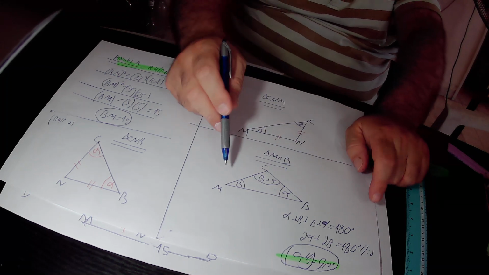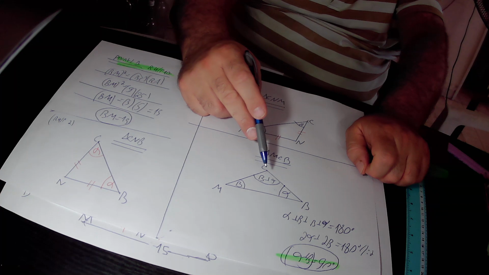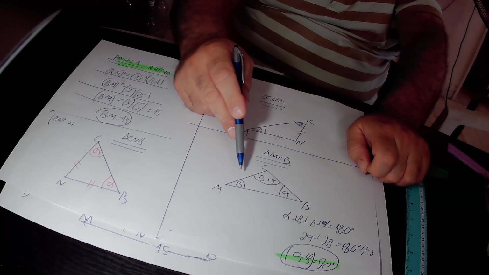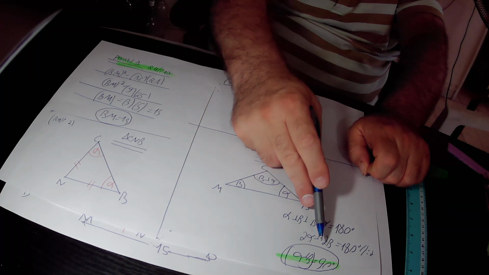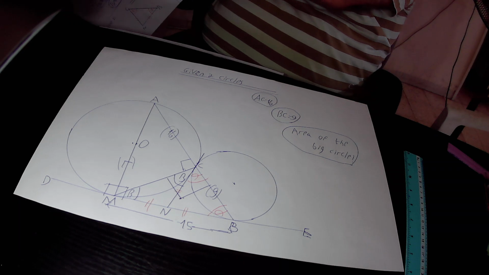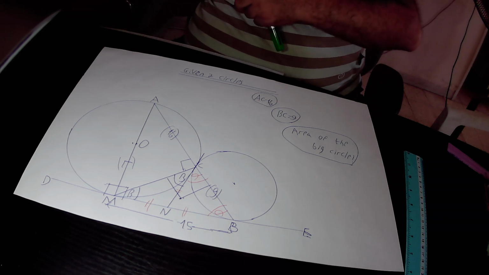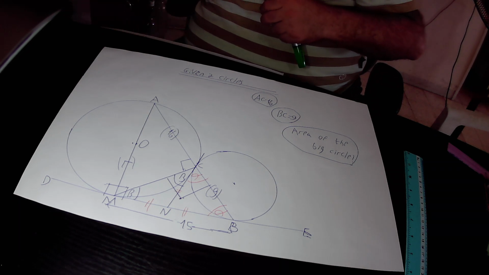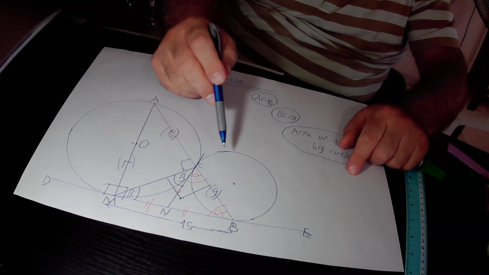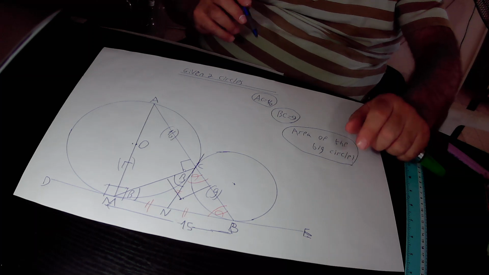That is to say, angle MCB is equal to alpha plus beta. So angle MCB is a right angle according to this equation.